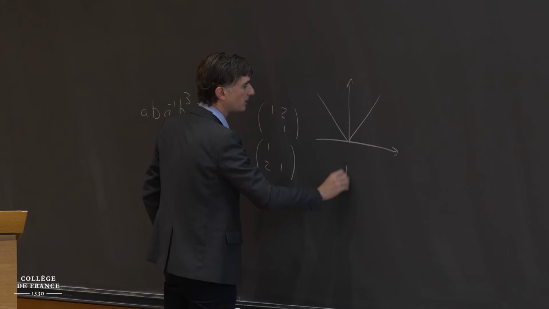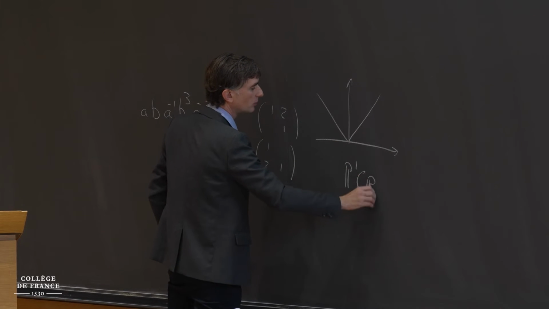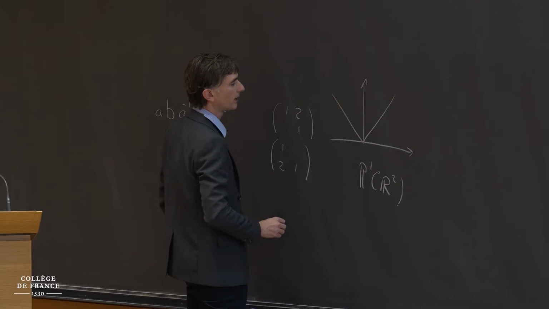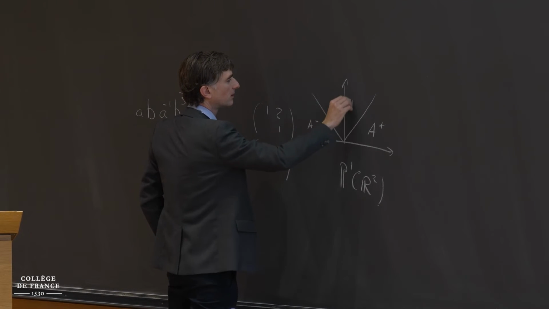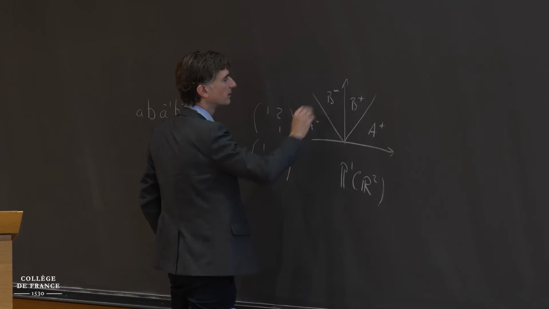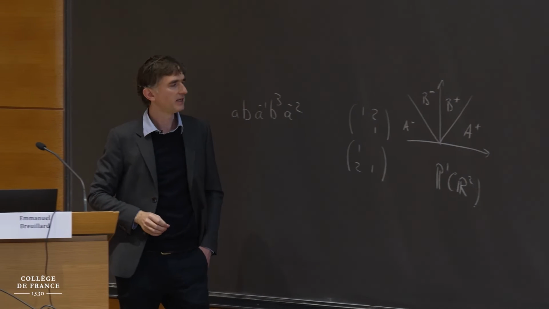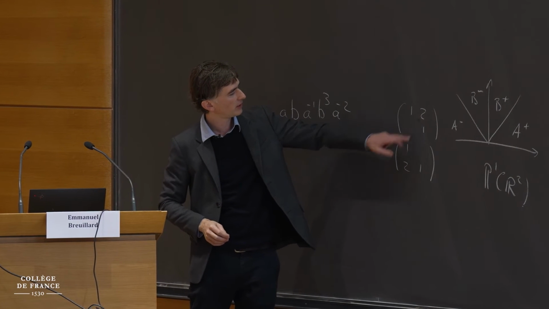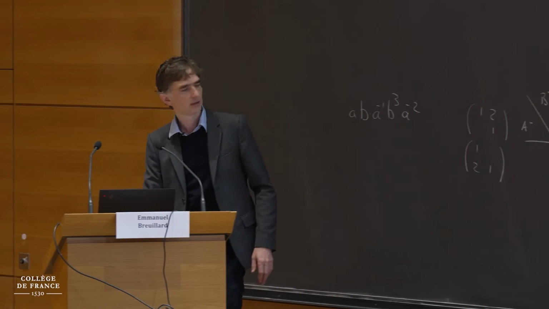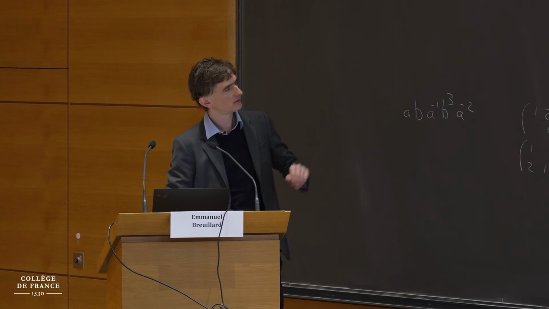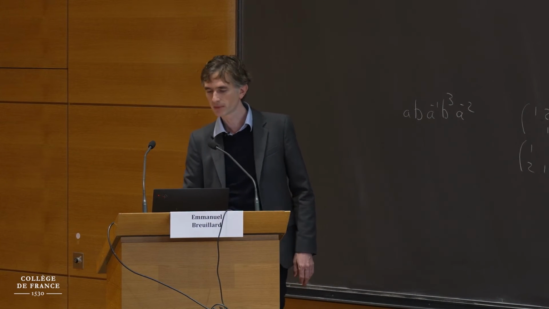So you look at P1 of R2, and you can get A plus here, A minus here, B plus here, B minus here. Anything bigger than 2 here will give the same ping pong table. In the projective space, you're going to prove that it's a free group.